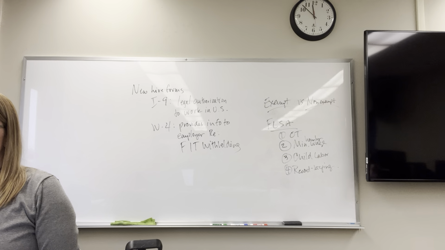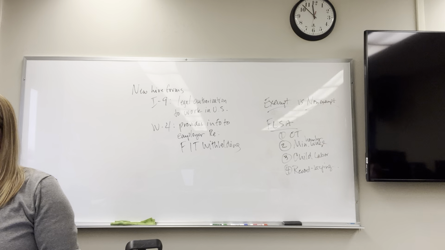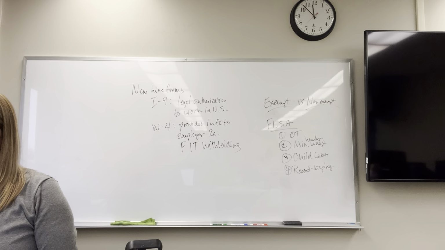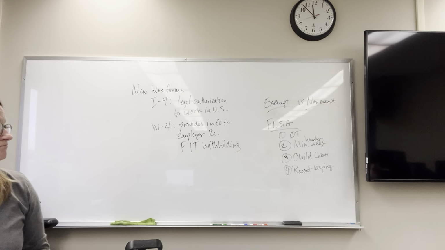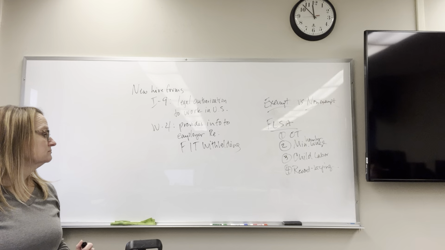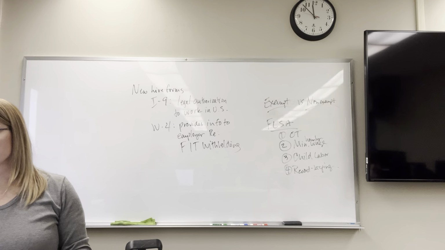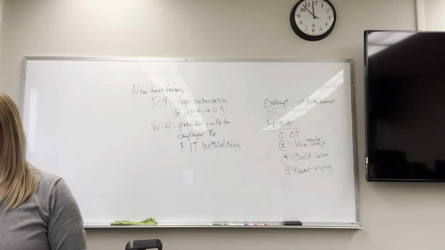So exempt employees do not have to be paid overtime for any hours over 40, and they do not have to be paid a minimum of $7.25 an hour.